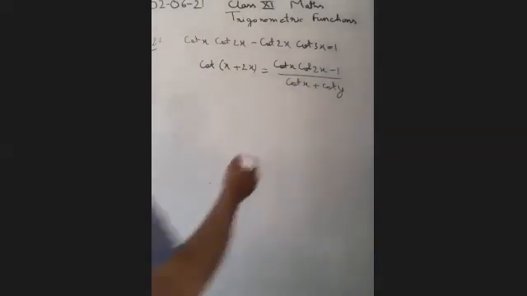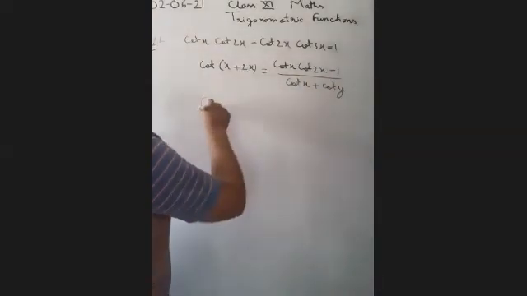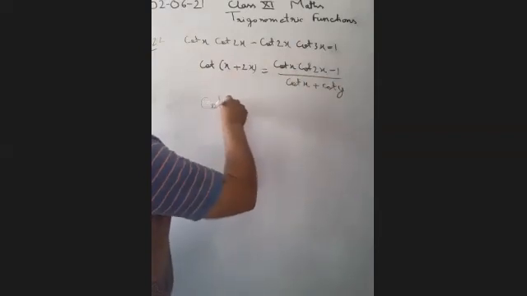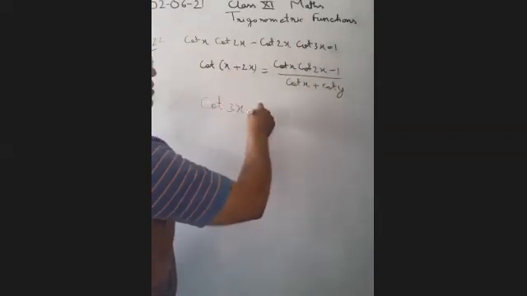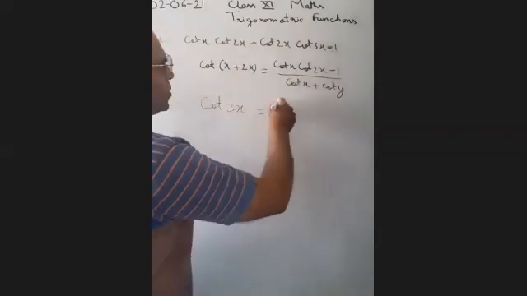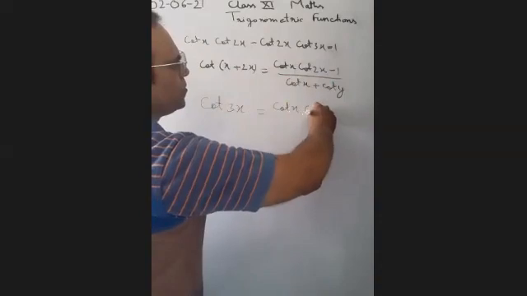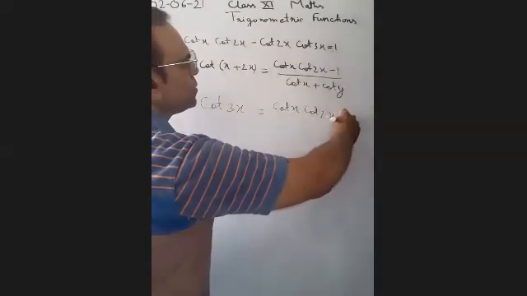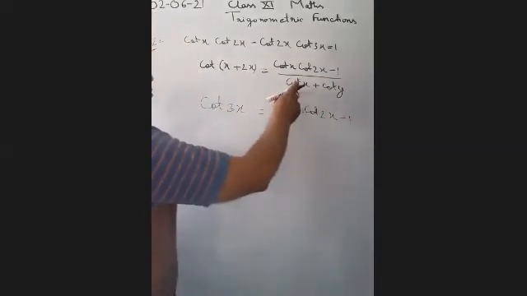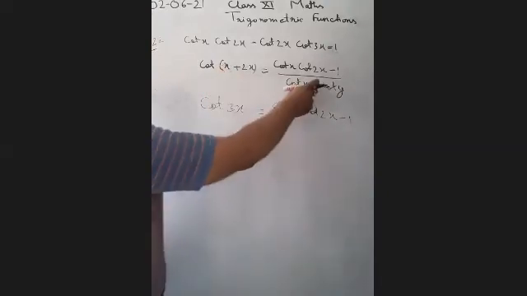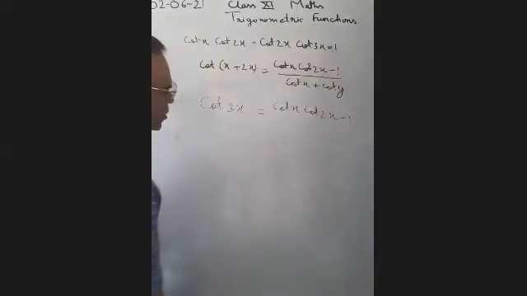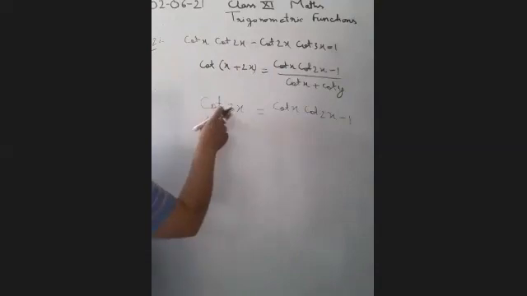Now you can multiply, it is equal to cot 3x. We can multiply the denominator to this term also, which is equal to cot 3x.